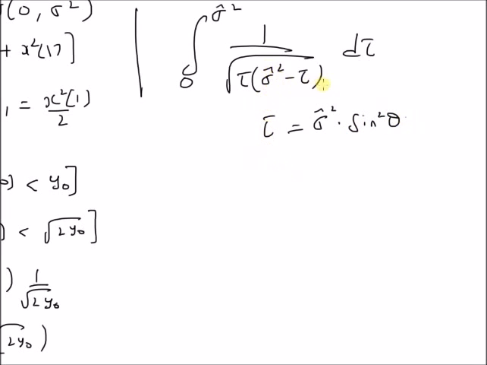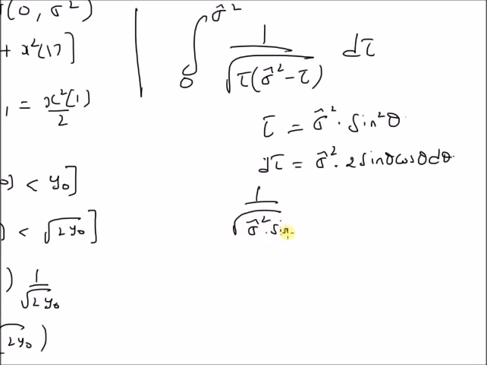Then the derivative is d tau equal to sigma square hat into 2 sine theta cos theta d theta. And this function, 1 by square root of tau into (sigma square hat minus tau), should be equal to 1 by square root of sigma square hat sine square theta into sigma square hat into (1 minus sine square theta).